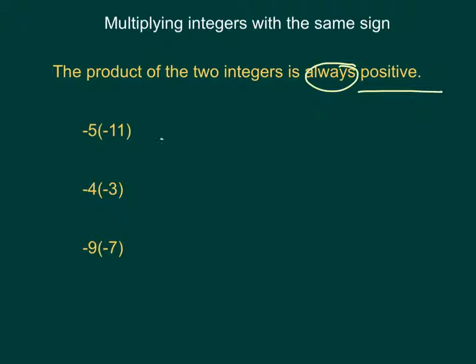We know our answer is positive because a negative times a negative equals a positive. So now we just have 11 times 5, which is 55. Then we have -4 times -3, which is a positive 12. And then we have -9 times -7, which is a positive 63.